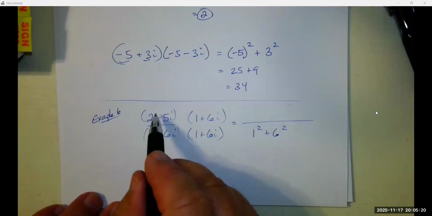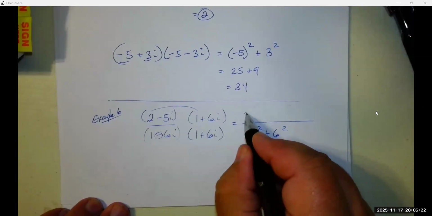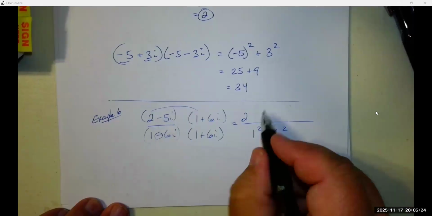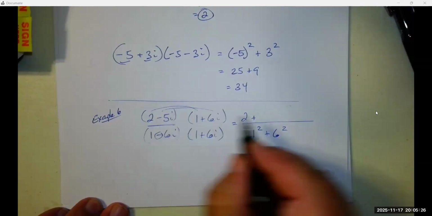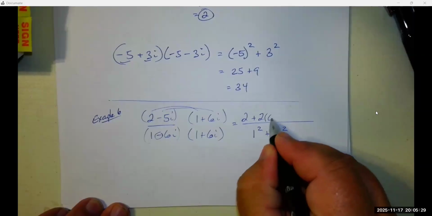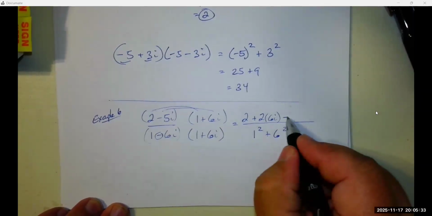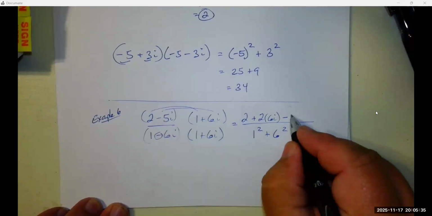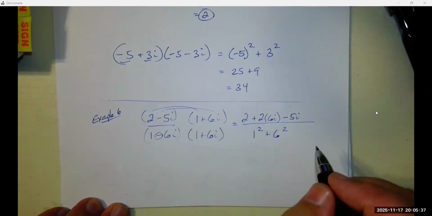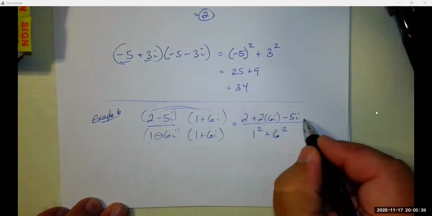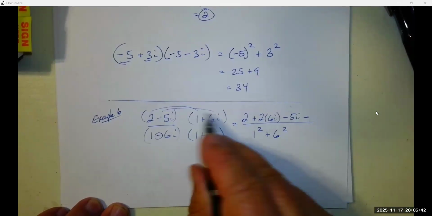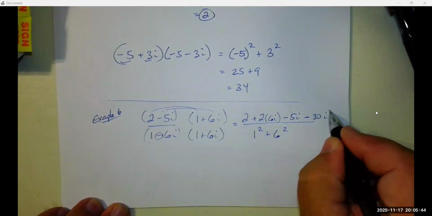On the top, unfortunately, we have to work it all out. 2 times 1 is 2. Positive and positive is positive. 2 times 6i. Negative times positive is negative. 5i times 1 is 5i. Negative times positive is negative. 5 times 6 is 30, i squared.